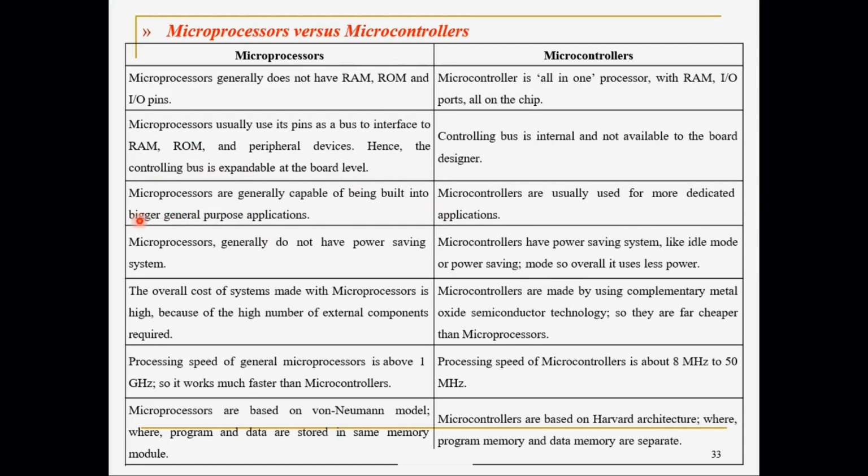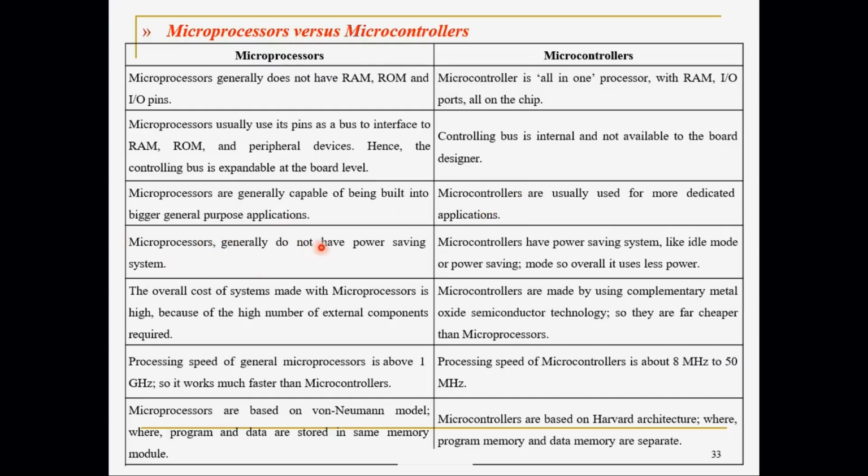Microprocessors are made for bigger general purposes, like use in a laptop or desktop, very highly sophisticated. But microcontrollers, I cannot say they are exactly dedicated applications, but you can bring a microcontroller and easily code it and make it a dedicated controller to serve some purpose in the embedded system.